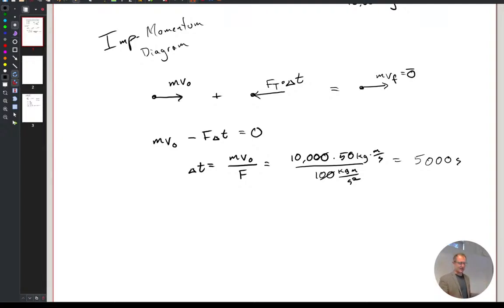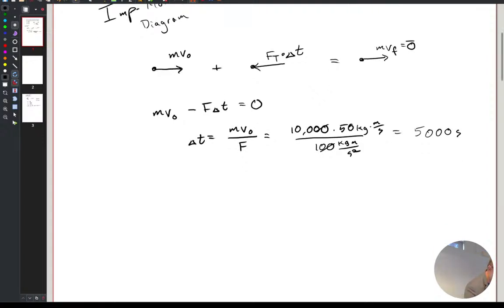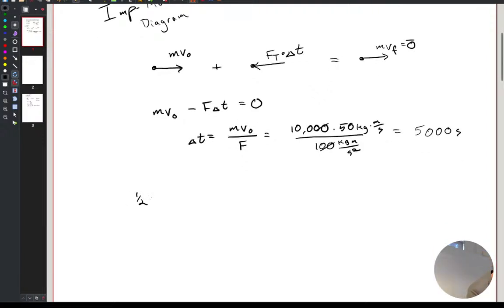With that, we could do the same thing. 1/2 mv squared, minus f delta x, is all equal to 0. And now we have one equation, one unknown to get how far we traveled.